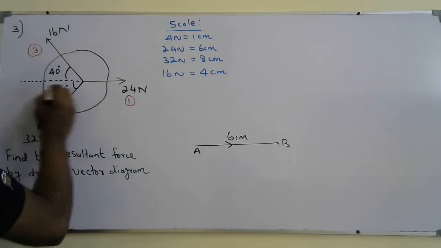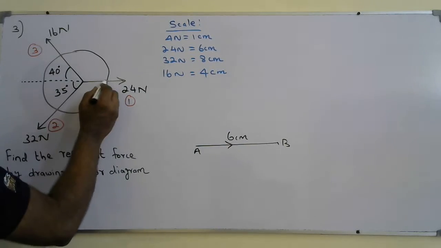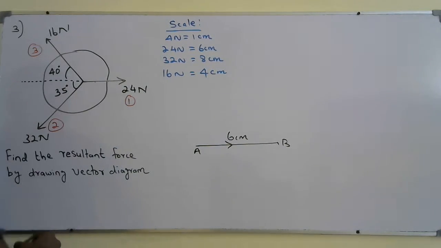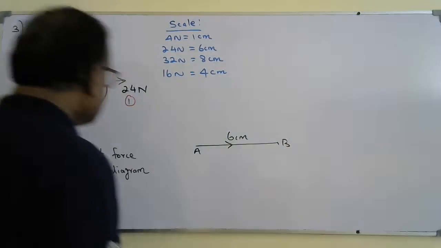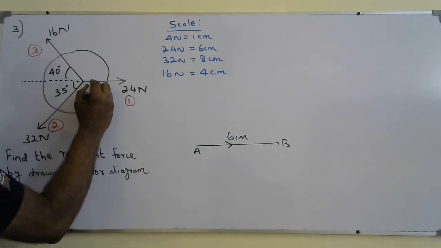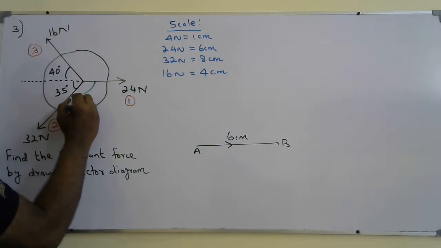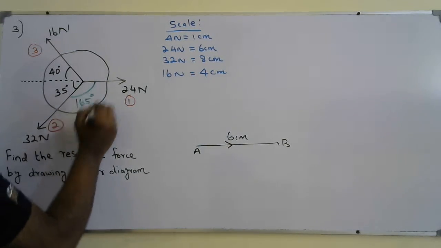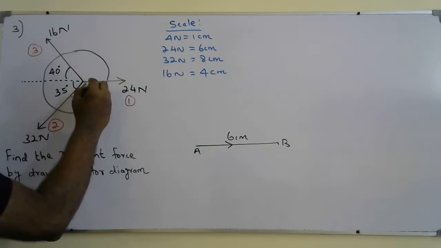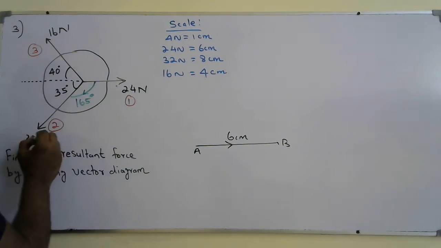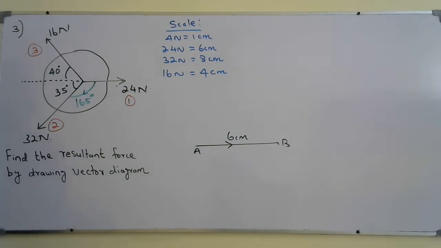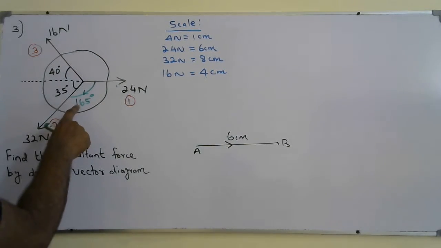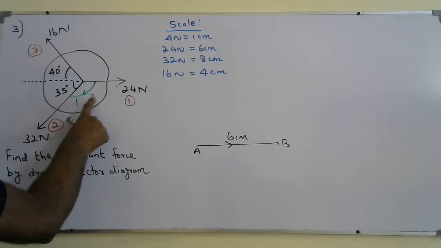You know the straight line is 180 degree. So how much should this angle be? This angle is 180 minus 35, that is 145 degree, from 24 Newton to 32 Newton in clockwise direction. Sorry, I made a mistake earlier, 145 degree, yeah.